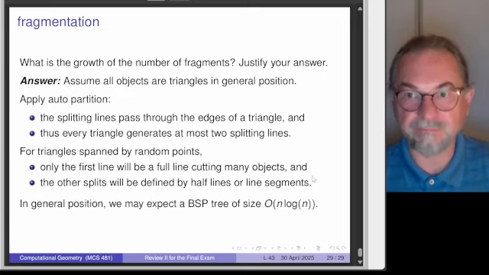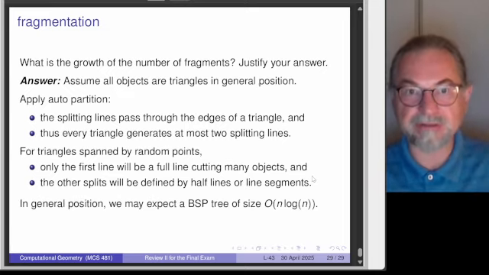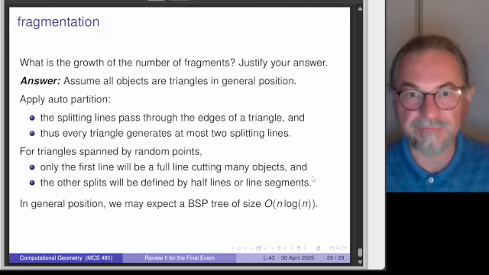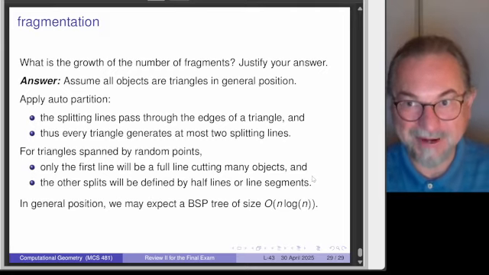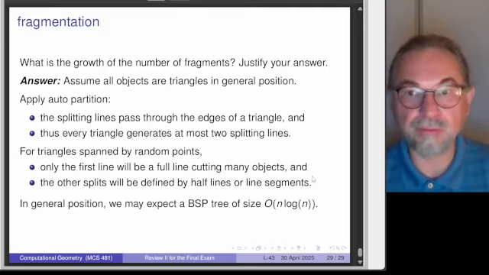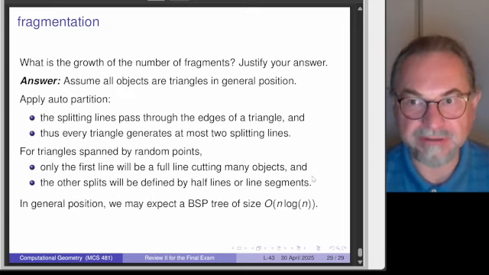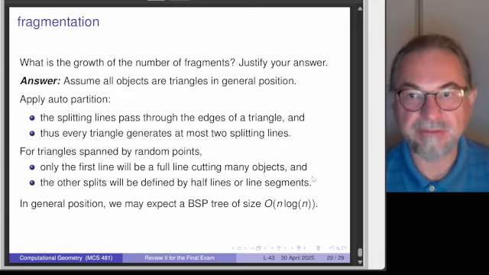That if the objects that you are rendering are sufficiently general, random, then you will have a very nice balanced binary space tree and with very little fragmentation.